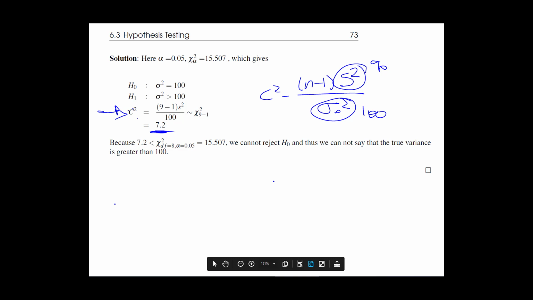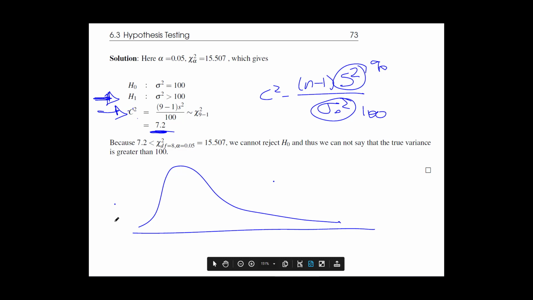Oh wait, so this is one-sided, right? Because at least means this situation. If you plot the chi-square distribution, which is kind of like that, that's your chi-square. At least means greater than, so that would be the right tail. That's alpha, so this is chi-square of alpha, not alpha over 2 again because it's one-sided.